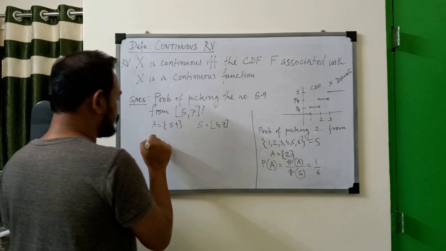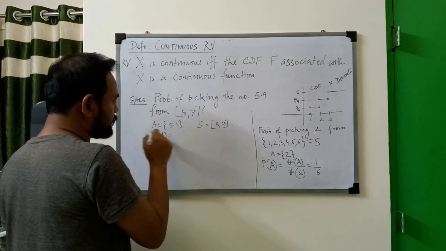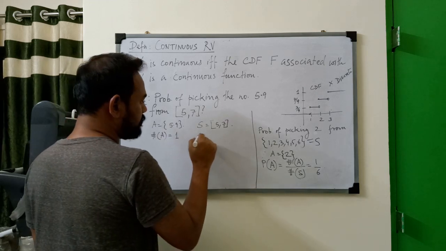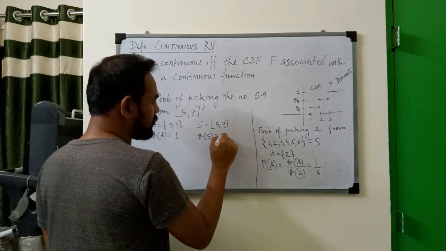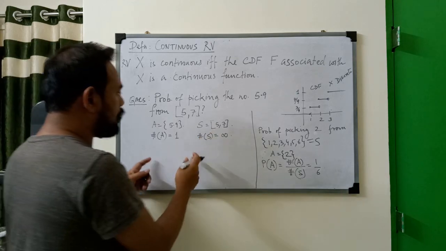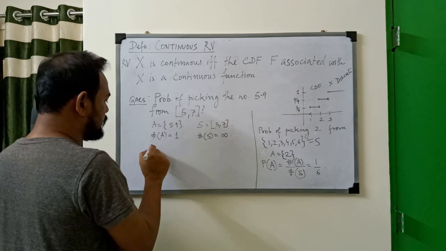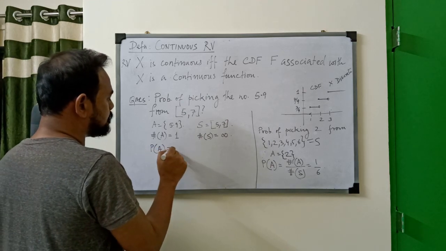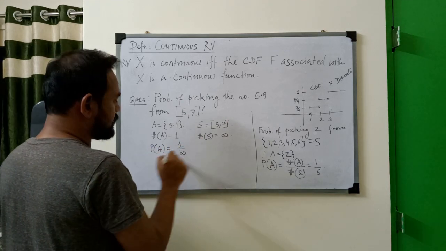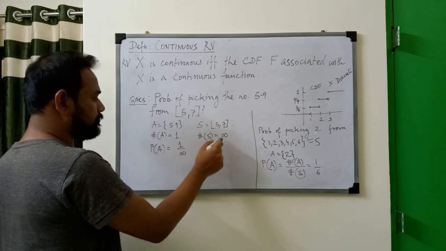In this case, the number of elements in A is 1, the number of elements in S is actually infinity, because there are infinite number of elements in there. So by the same logic, the probability would be 1 over infinity, which is 1 from this set A and infinity.